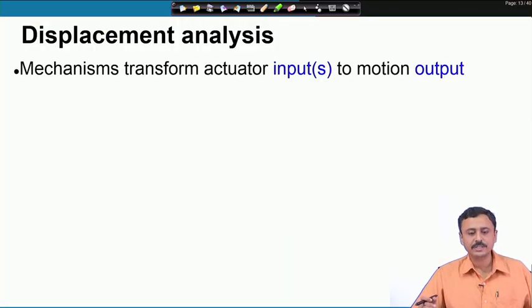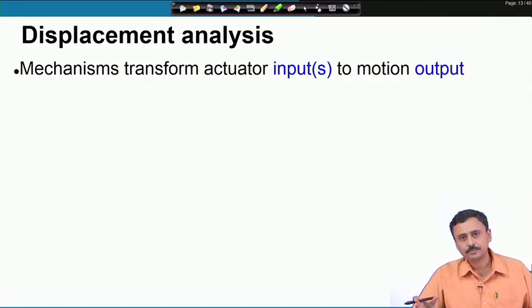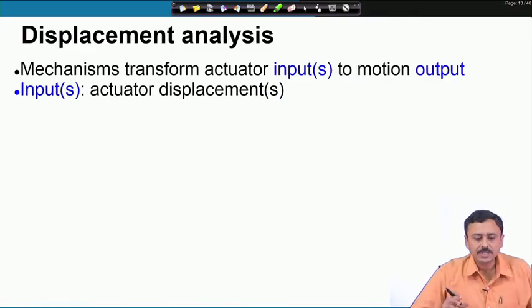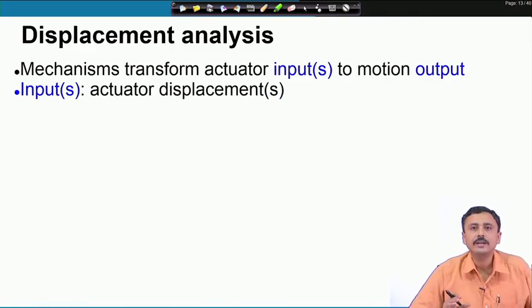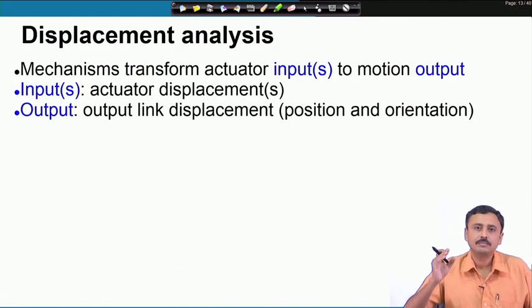So, what is displacement analysis and why do we require displacement analysis? As you know, a mechanism transforms and transfers motion from certain inputs to an output. Now, these inputs are some actuator displacements and output is the output link displacement, which is where the useful work is going to be done.